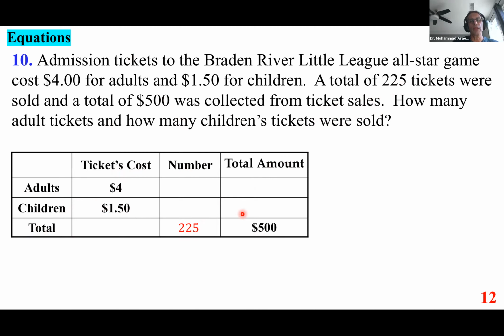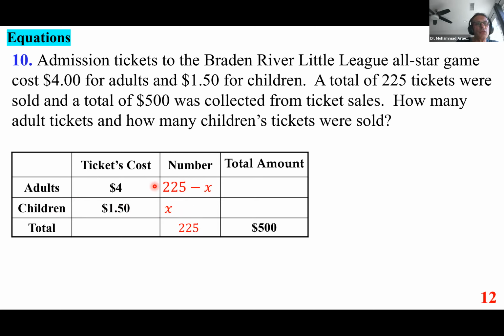So you don't know how many of each you have. You let X represent one of them. It doesn't matter. X is the number of children, then adults would be 225 minus X. If X represents the number of adults, the number of children would be 225 minus X. It doesn't make any difference.